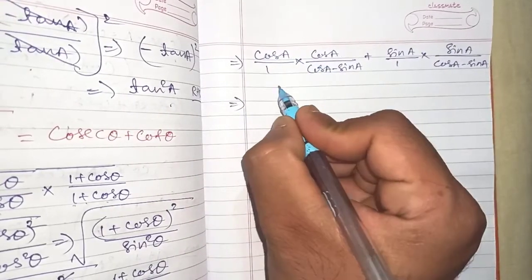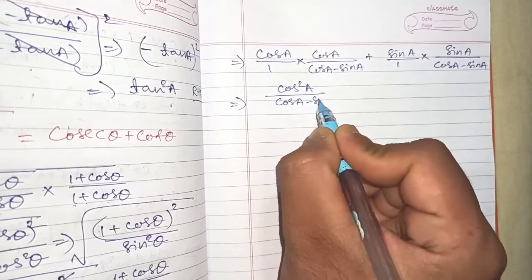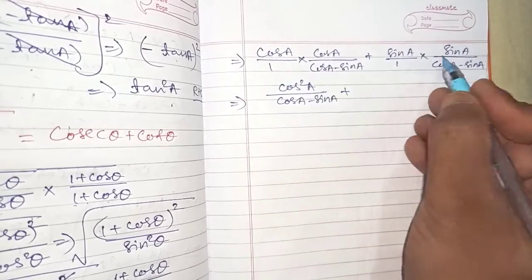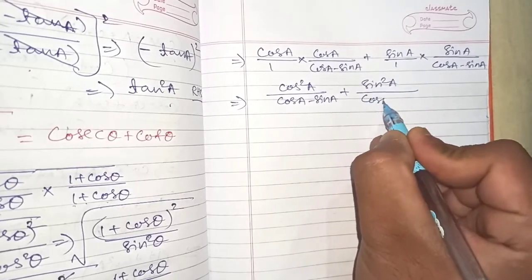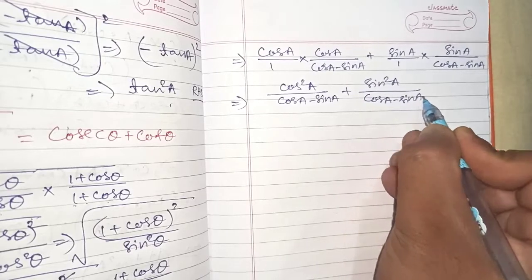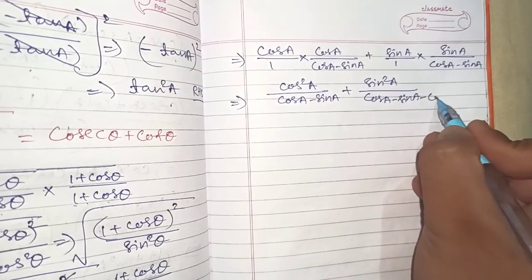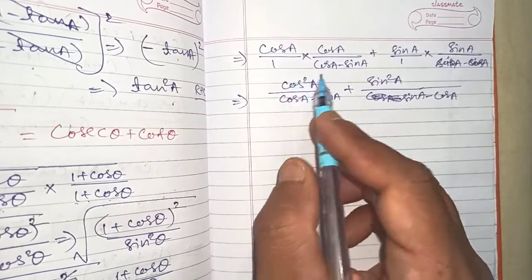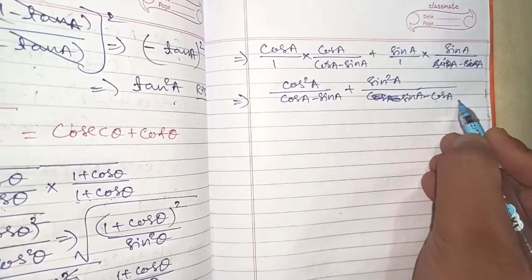So this will become cos square a divided by cos a minus sin a, plus sin square a by sin a minus cos a.